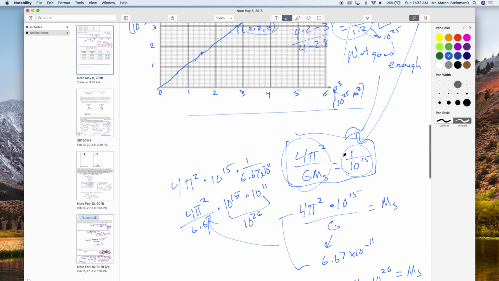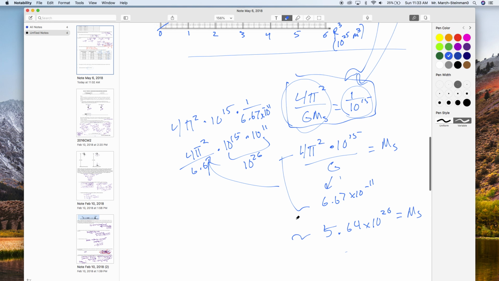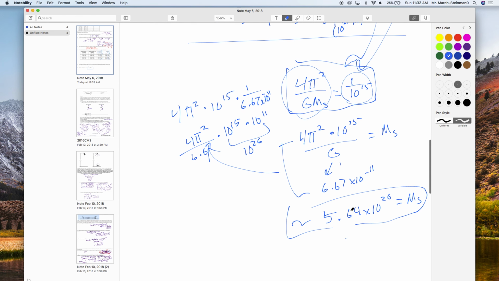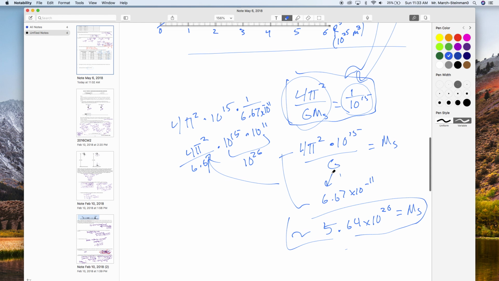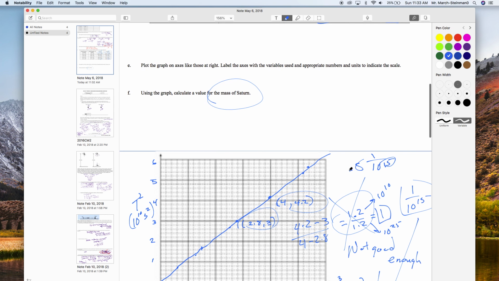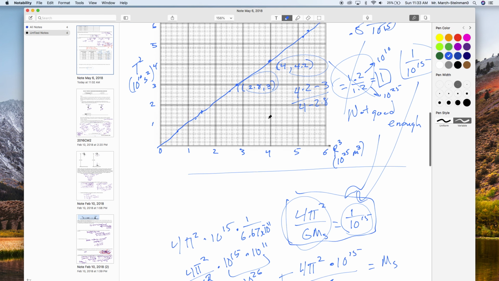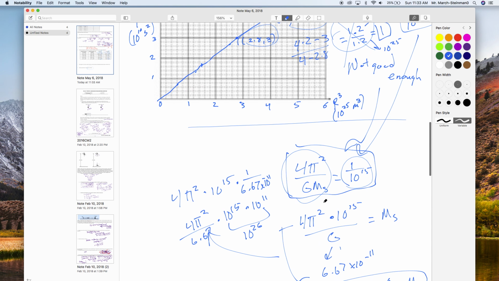And when I do that, I isolate the mass of Saturn, plug in values, and get some estimated value here. I encourage you to run through the math yourself. Just algebra, good practice manipulating exponents. So this problem is basically done at that point, calculating the mass of Saturn from the graph.